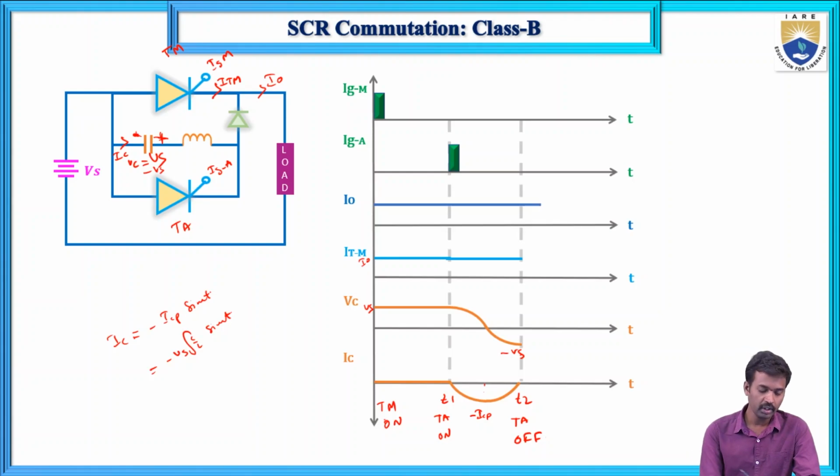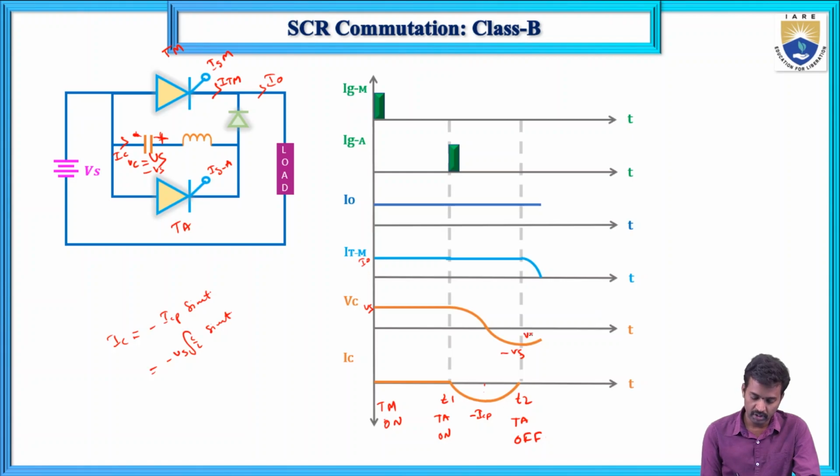At T3, the current flows in this direction, which means the load current is as it is, and the main thyristor current will decrease. The capacitor current will increase in the positive direction, and the current will go up to VAB.